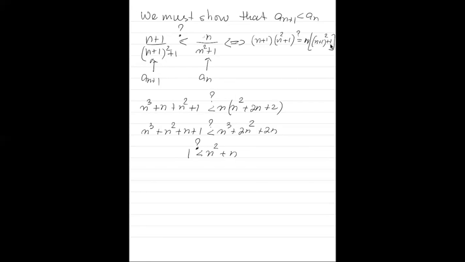Since n is greater or equal than 1, n squared plus n is definitely greater than 1. This is true. Therefore, a sub n plus 1 is less than a sub n, and our sequence a sub n is decreasing.